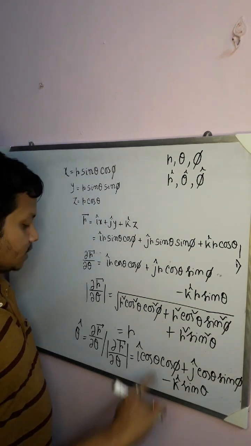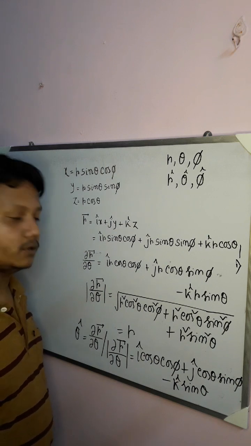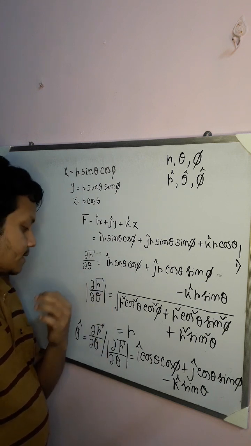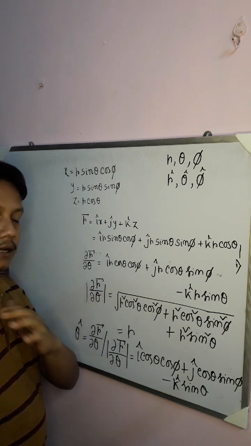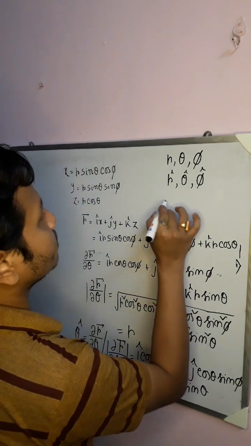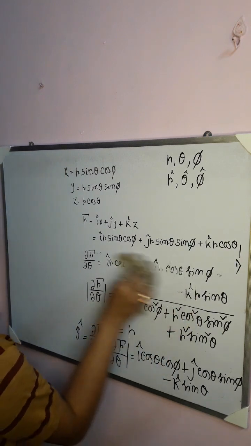So this is the value of theta cap. It is also a unit vector, like r cap, along the direction of increasing theta. Theta is the zenith angle, and I will draw the diagram, then it will be clear.